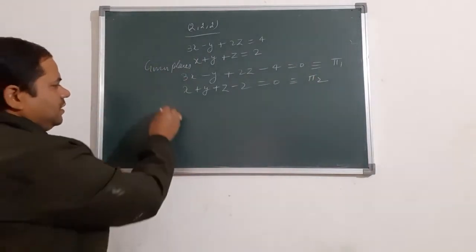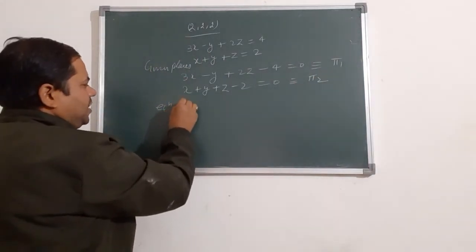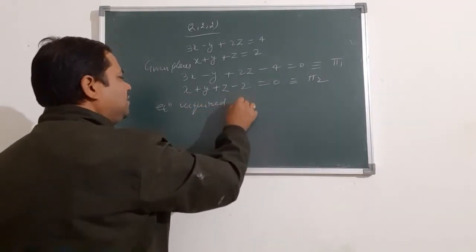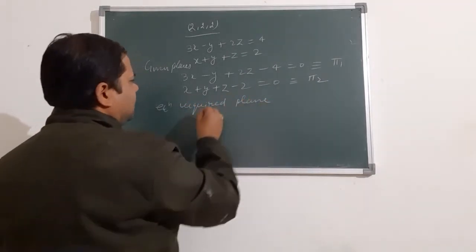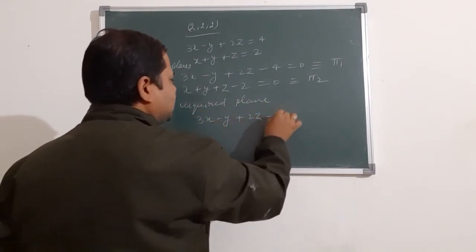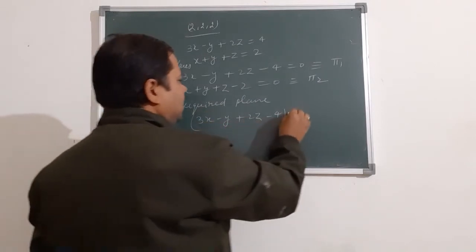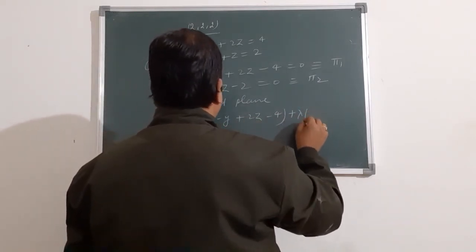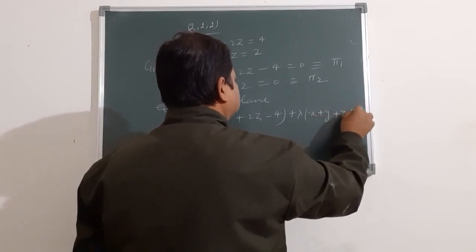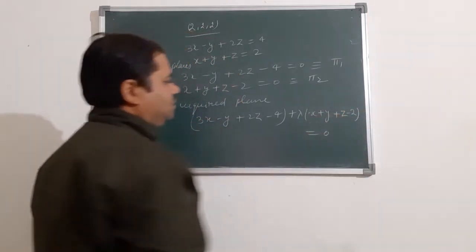And then the equation of the required plane is 3x minus y plus 2z minus 4 plus lambda times (x plus y plus z minus 2) is equal to 0.